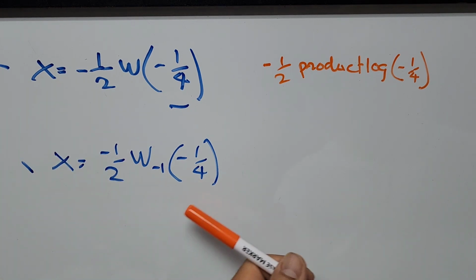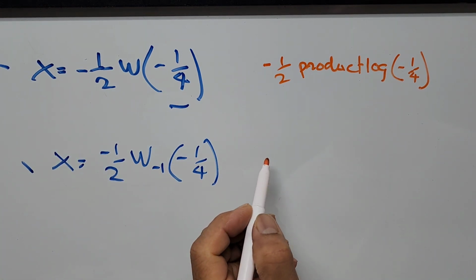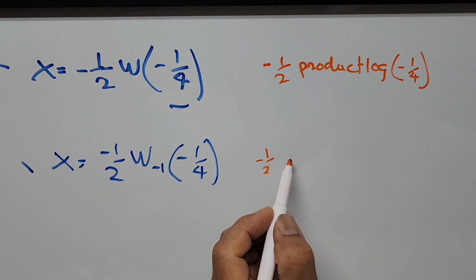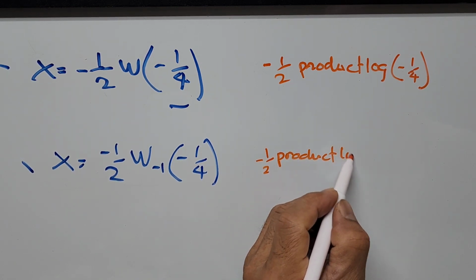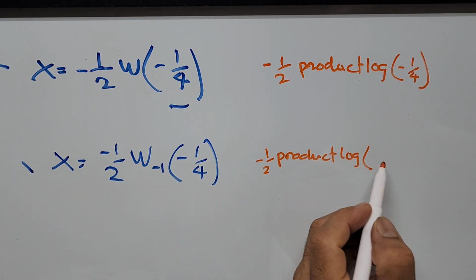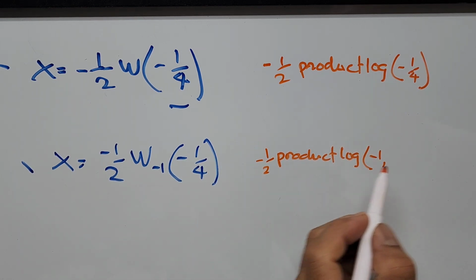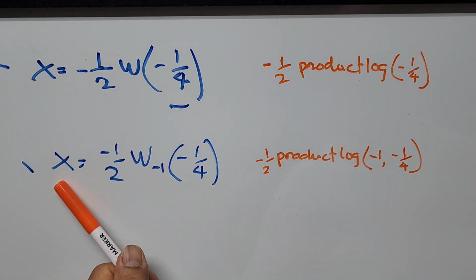And for this value, w sub negative 1, plug in negative 1/2 product log, parenthesis negative 1 and then negative 1/4 to get the numerical value of x.